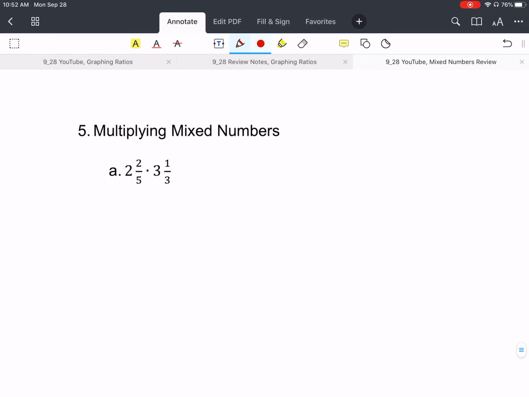Multiplying mixed numbers. Luckily for fractions, multiplication and division are always quite a bit easier. We're just going to need to convert these mixed numbers into improper fractions. So we're going to do 5 times 2, which is 10, plus 2, which gives us 12/5. And we're going to be multiplying that by 3 times 3 is 9, plus 1 is 10 over 3.